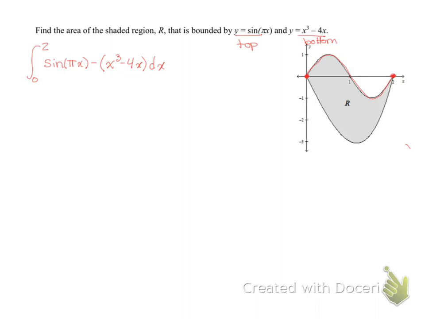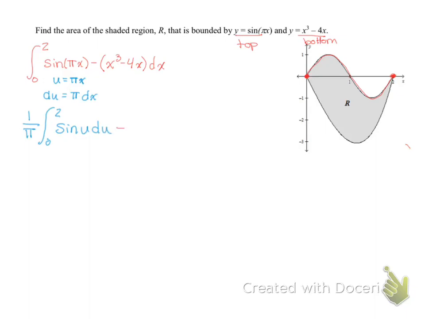So, if we try to integrate this, well, sine of pi x, you should recognize that as a u substitution, okay? So, if we have u equals pi x, then du is just going to equal pi dx, right? So, our new integral for this little chunk here is going to go from 0 to 2 of sine of u du.